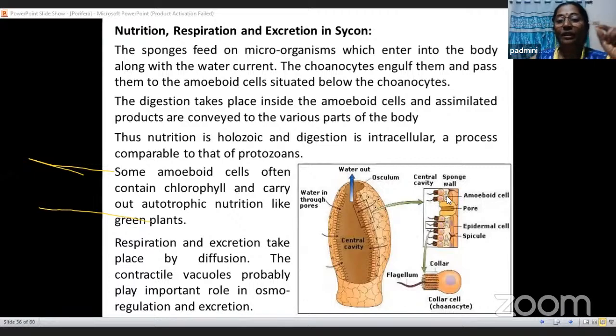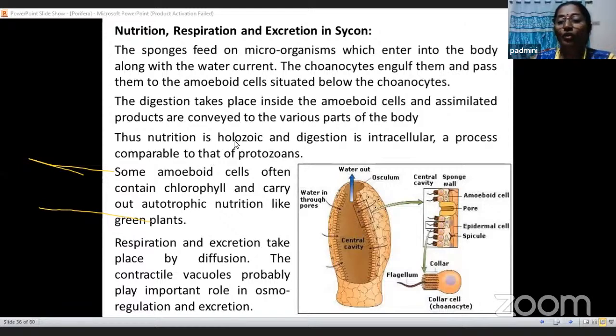They are passing the food to the amoeboid cells that are present in the mesohyal region of its body surface. And there the digestion occurs. The amoeboid cell is going to take the food, assimilate it, holozoic type of nutrition, and it is conveyed to various parts of the Porifera or the Sycon.